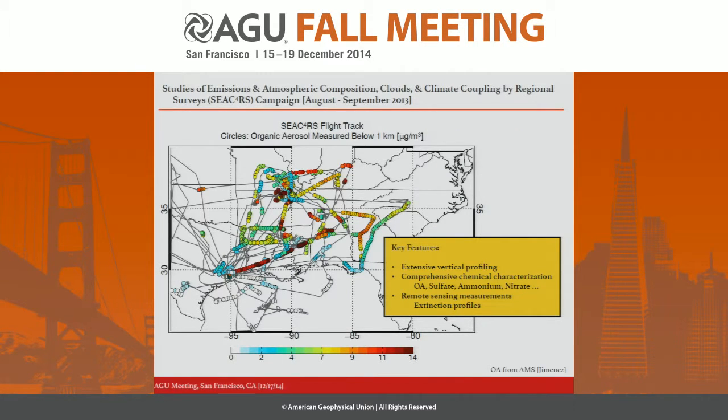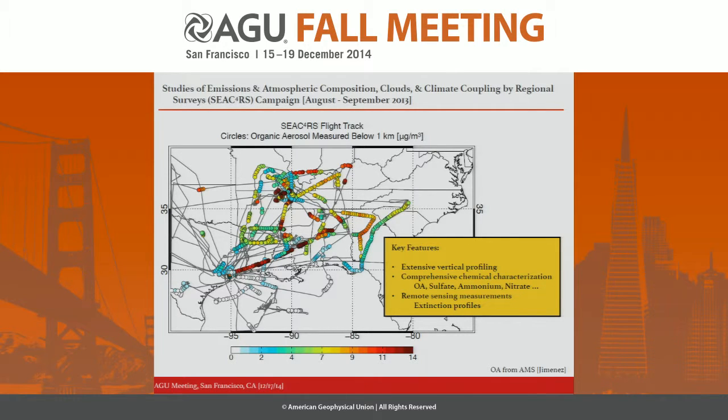Okay, so just to briefly introduce the SEAC⁴ aircraft campaign and what I want you to take away from it. We were based out of Houston last summer, and this is showing the aircraft tracks over the Southeast US and the coverage that we got throughout the Southeast US in the gray. And overplotted on top of that in the circles is the AMS organic aerosol data below a kilometer. For the purposes of this talk, what I want you to know about SEAC⁴ is that there was extensive vertical profiling.